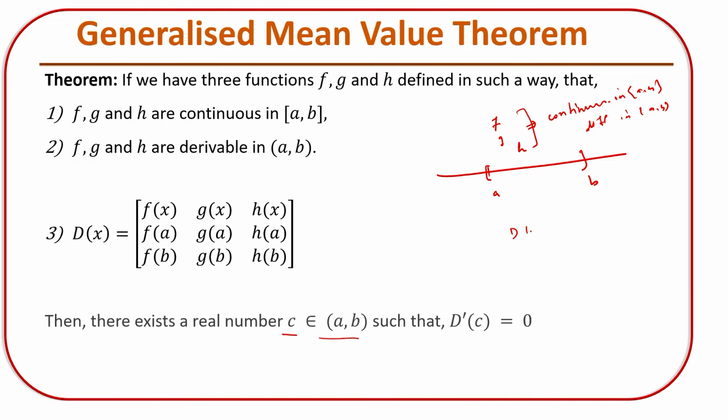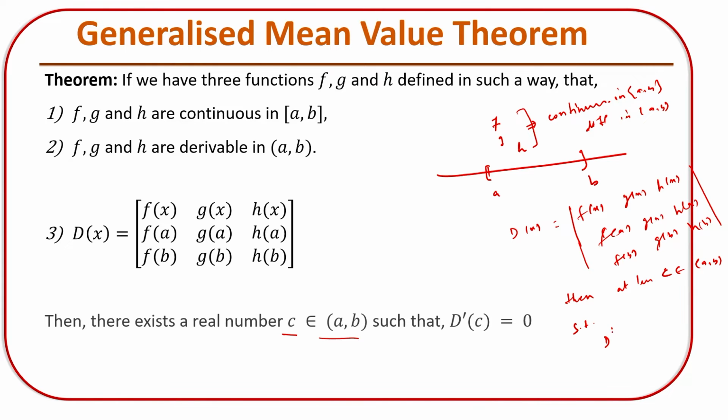And we had defined one matrix in determinant form: one determinant with rows f(x), g(x), h(x); f(a), g(a), h(a); f(b), g(b), h(b). Then for at least one c belonging to (a, b), D'(c) is equal to 0, right?